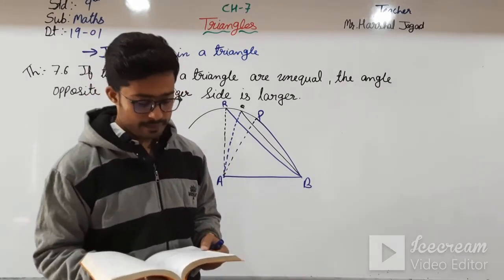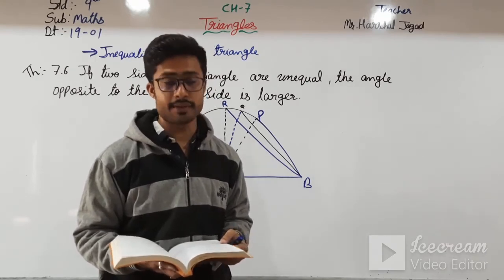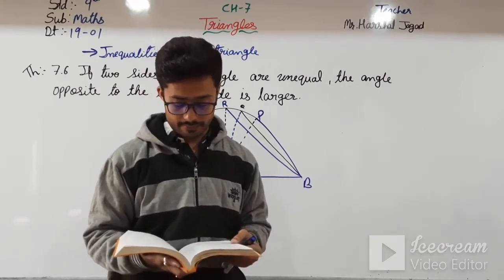Then you may prove this theorem by taking a point P on BC such that CA is equal to CP in figure 7.43.